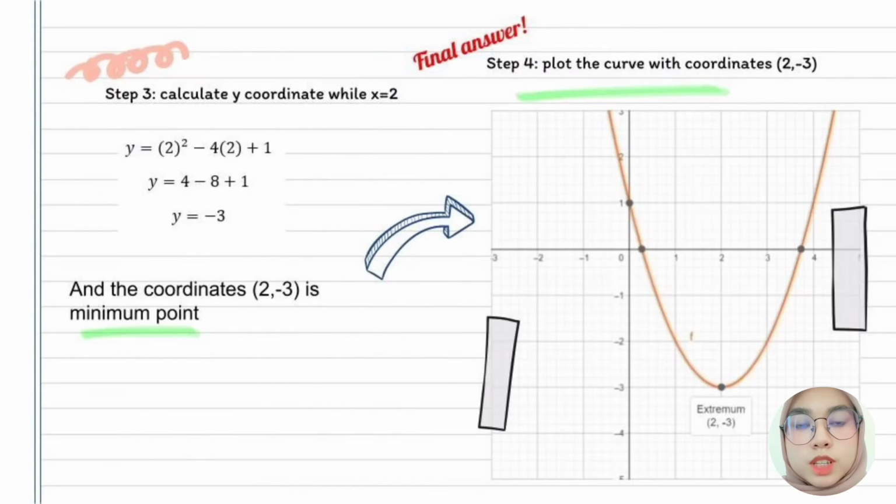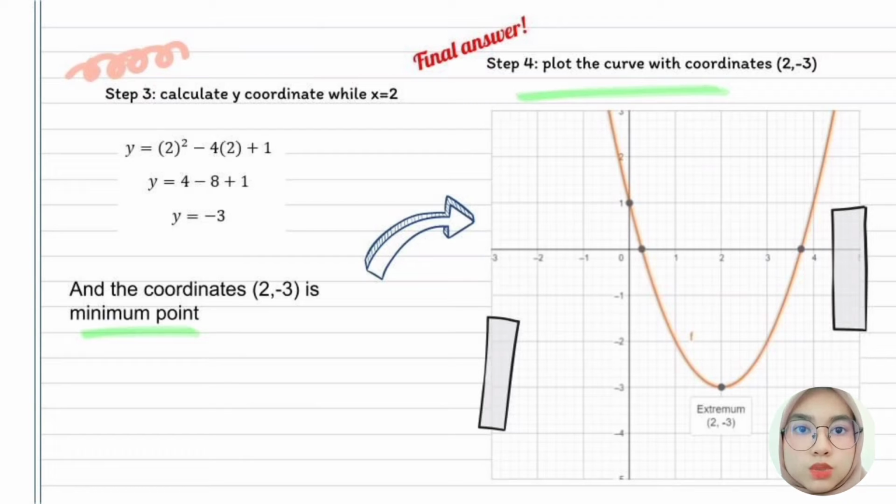We now move on to step 3, where we need to calculate the y coordinate of the stationary point. To do that, we go back to the function we were initially given, y equal to x squared minus 4x plus 1, and we replace x by the x coordinate of the stationary point, x equal to 2. So y equal to 2 squared minus 4 times 2 plus 1.